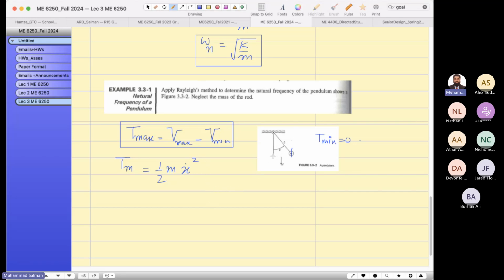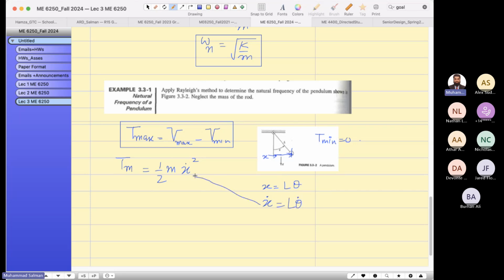and if you take a look here, suppose this is the arc length, so what is this? x equals L theta. So if this is x, x is equal to L theta, and x dot equals L theta dot.